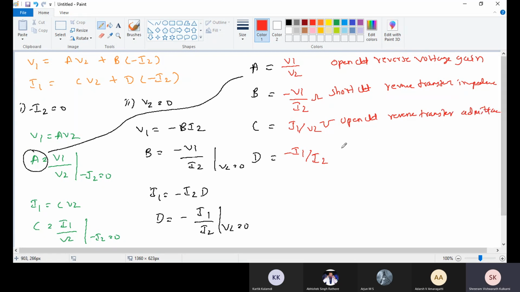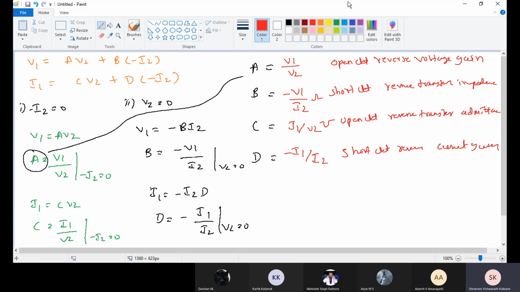And similarly, this one, D, is short circuit reverse current gain. Okay, we have calculated A, B, C, D.